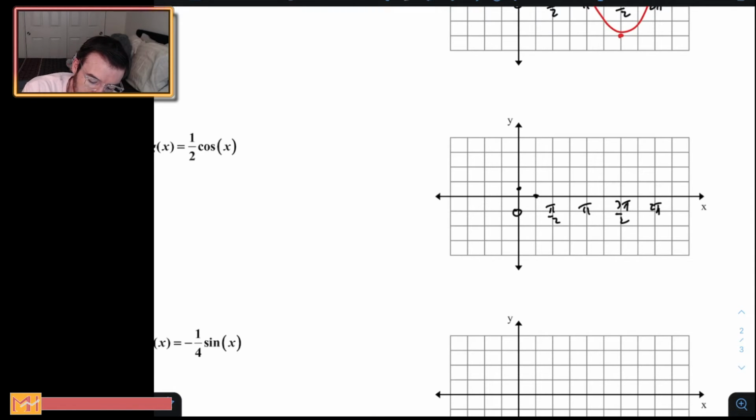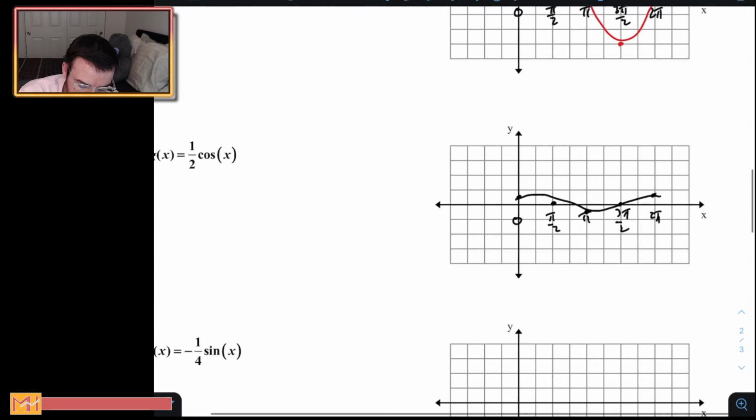And it's not going to go down to -1, but instead -1/2. So on and so forth. Oops, I got a little ahead of myself there. Sorry. That's where the 0 is. Then -1/2. Then back to 0. Then back to +1/2. So it's just slimmed it down. It's shrunk it.